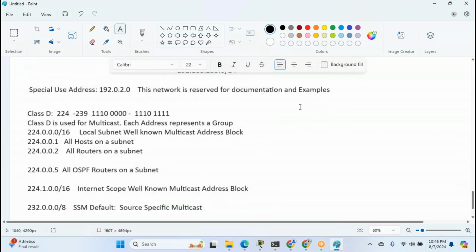Now we will see how to calculate the multicast MAC address for an IPv4 multicast address.